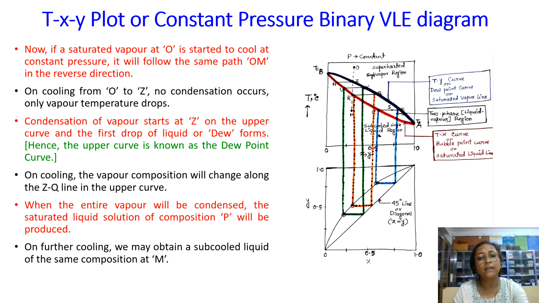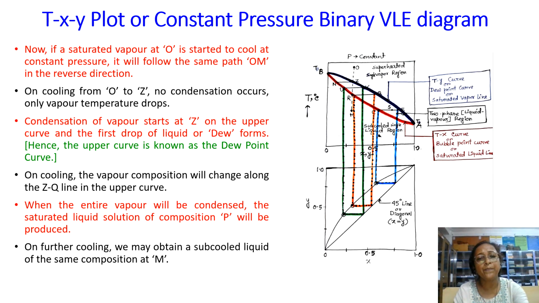On further cooling, the vapor composition will change along the ZQ line, and the first drop of dew that forms has a composition denoted by point N. On cooling, the vapor composition will change along the ZQ line in the upper curve.